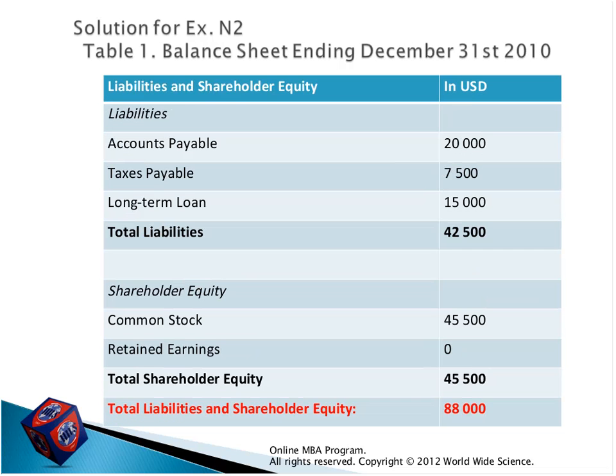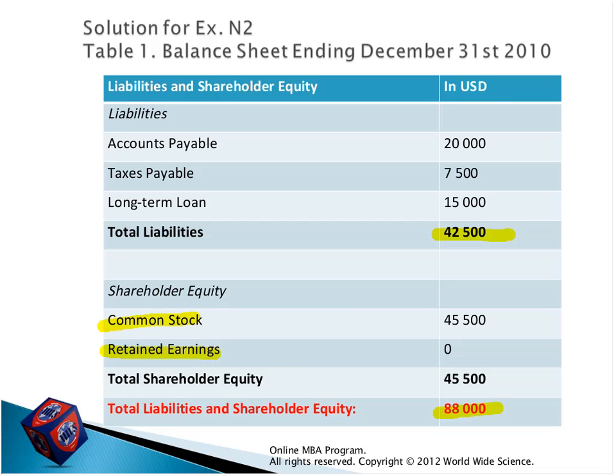Next, what about the liabilities and equity? Here we have the liabilities: accounts payable, taxes payable, and long-term loans, which we are talking about as long-term liabilities, equal to 42,500. And we have shareholders' equity, like common stock, and that's all. The retained earnings is just zero. We have no retained earnings in our list, right? Total liabilities and shareholders' equity equal 88,000.